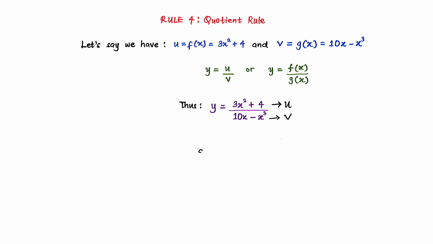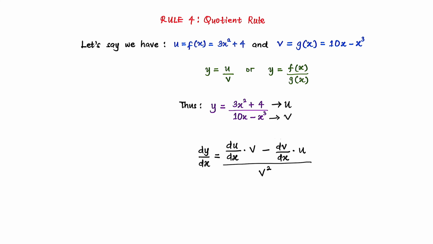So the quotient rule states that dy dx equals, we take the derivative of u with respect to x, and we multiply it with v, minus, we take the derivative of v with respect to x, and we multiply it with u, everything divided by v squared. And this is the quotient rule.